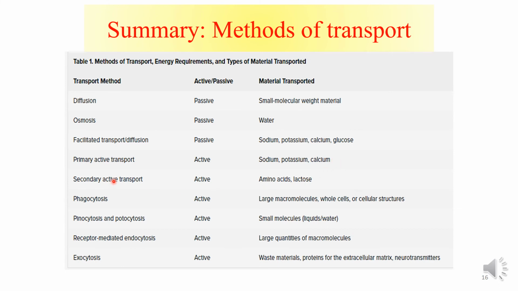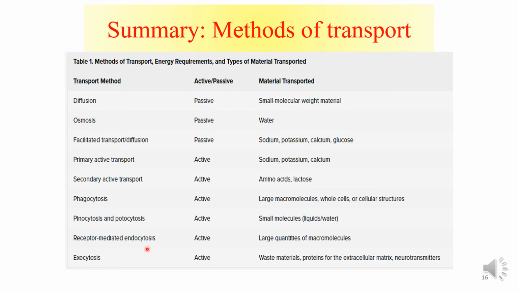In secondary active transport, amino acids and lactose are transported. Phagocytosis is an active transport. It is a vesicular form of transport where large molecules such as whole cells and cellular structures are transported. Pinocytosis is also an example of active vesicular transport where small molecules or water or liquid is transported.